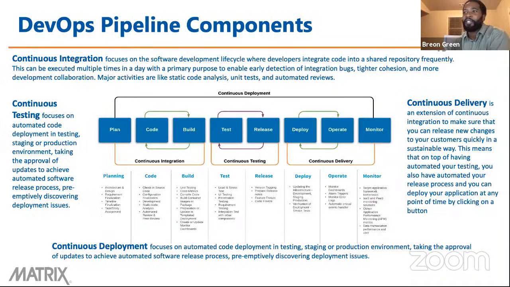So here's a slide that talks through the difference between CI/CD, continuous deployment, and continuous testing. Mainly what I want you to get from this is the stages in the DevOps pipeline.